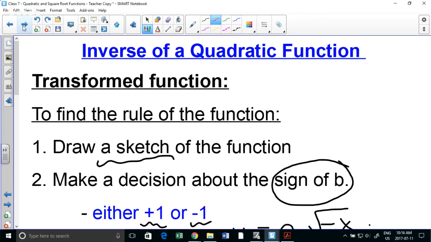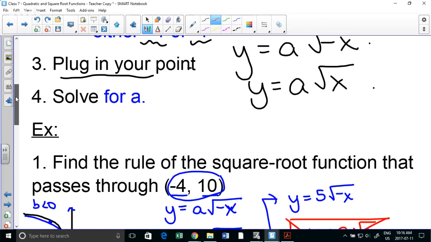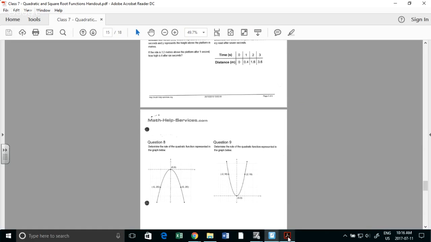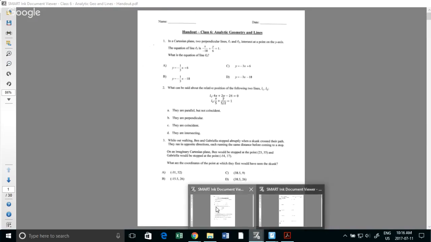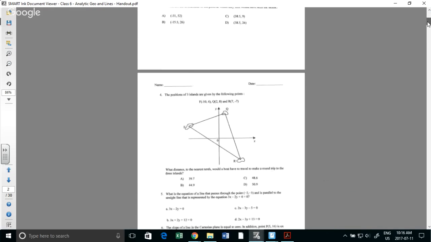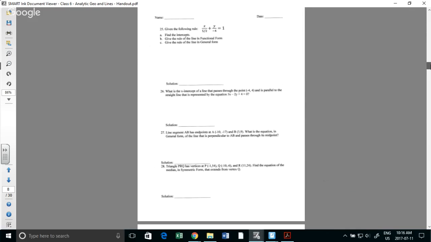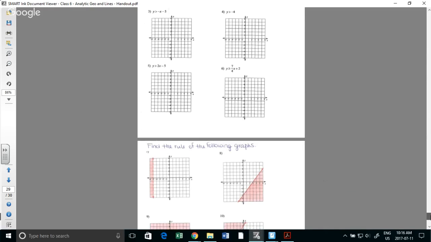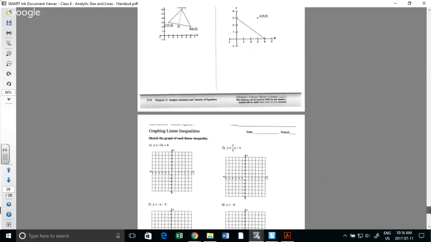Then we have some problems here. We're going to start with these problems tomorrow. Make sure you're checking out the handout from yesterday. It has some questions on the Cartesian plane, the half planes. So make sure you check those out.